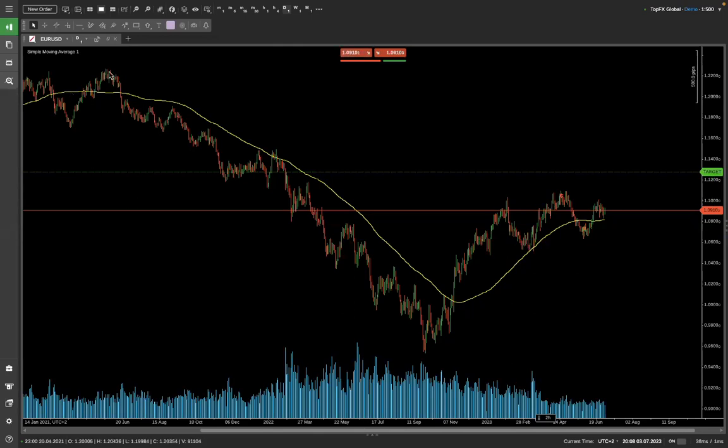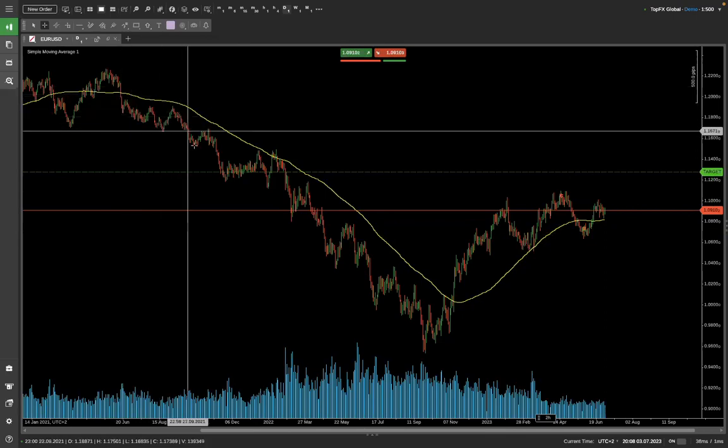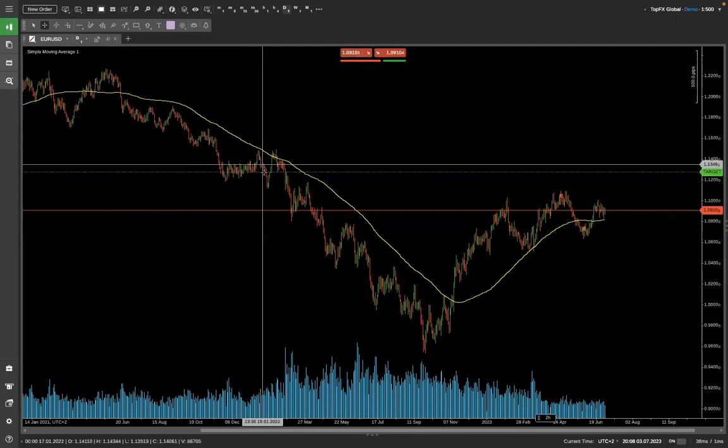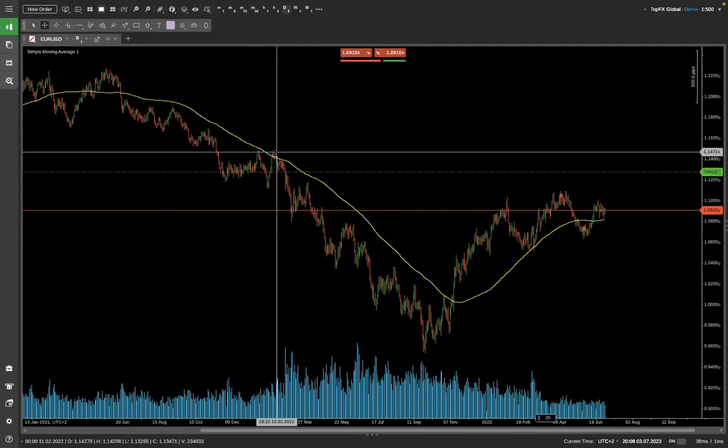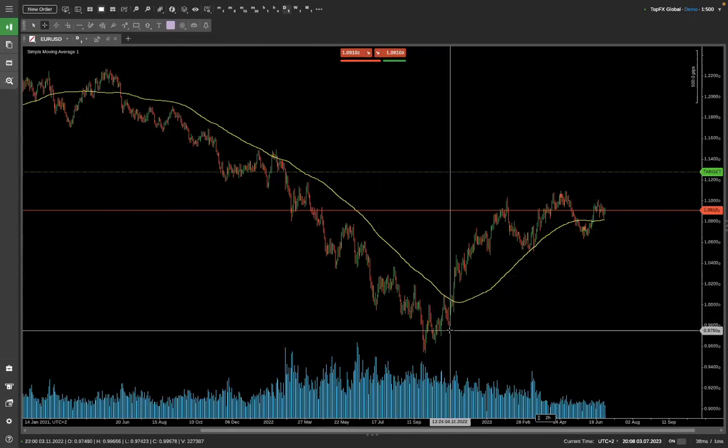And as you can see, since this breakout that occurred in the middle of June 2021, the price stayed consecutively, just a few days, and then lower consecutively below the moving average.